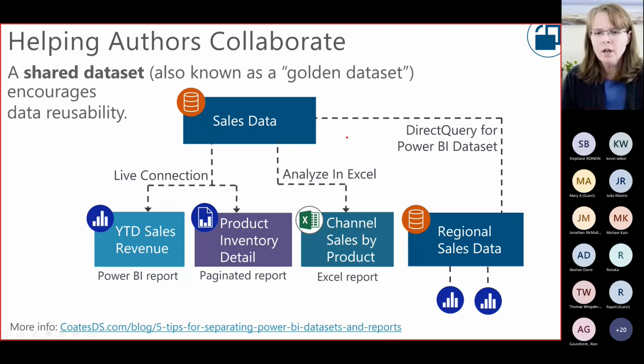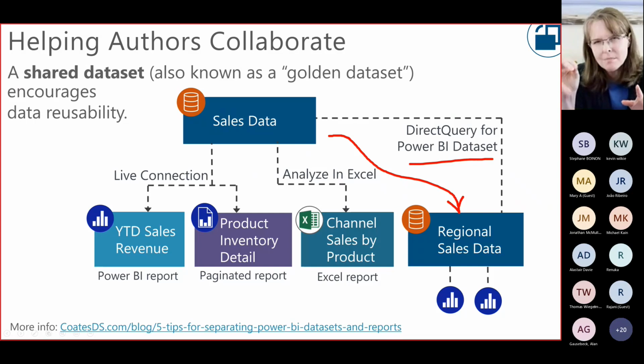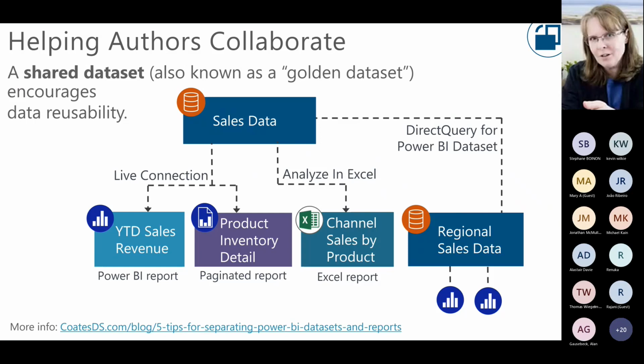There's also the fairly new, but still in public preview, idea of a direct query for a Power BI data set. A lot of people informally call that a composite model. Technically speaking, it's not a composite model until you add in another data source. But this would be a way to empower your data set creators to start with something if, say, 80% of what they need is already there, and then just go add in the extra pieces that they need.